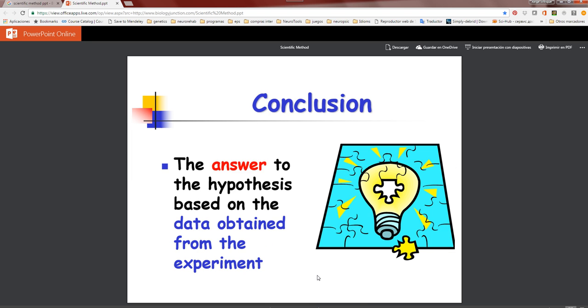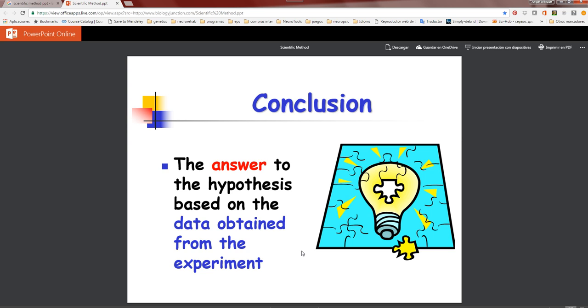After you have collected all your data and you have it organized, you can start with the next step, that is drawing up conclusions. So the conclusion is an answer to the hypothesis that you were posting in the first step, and is based on the data you obtained from the experiment.